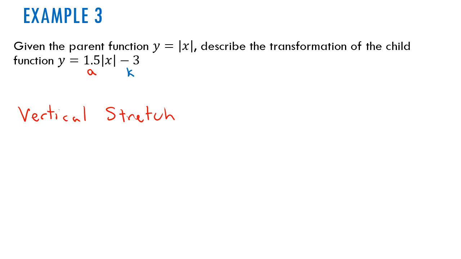And then the k value, it's a minus 3. The graph moves down. That translates down 3 units. And that's just what I want you to get from this. Knowing how to describe the transformations.